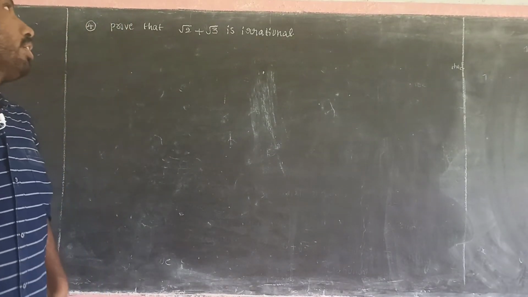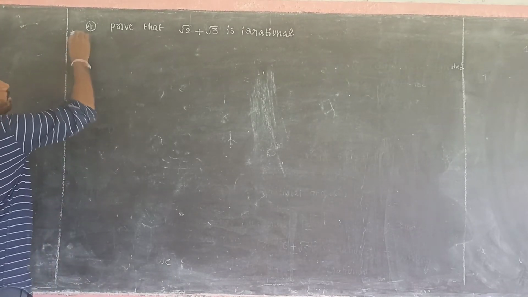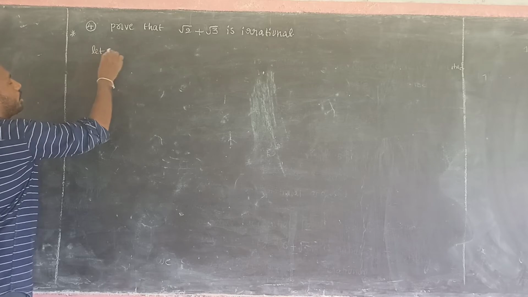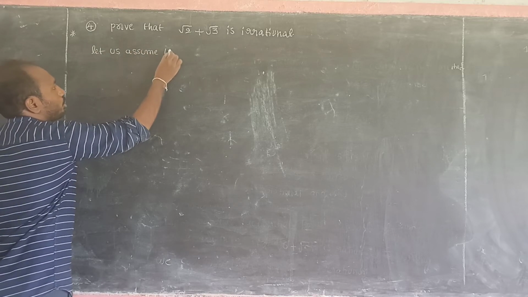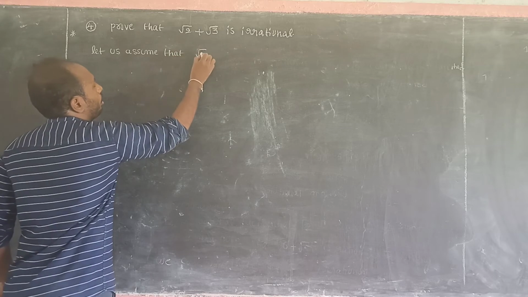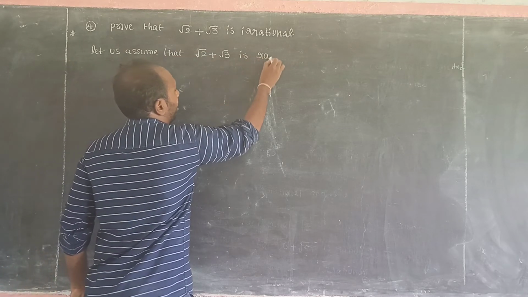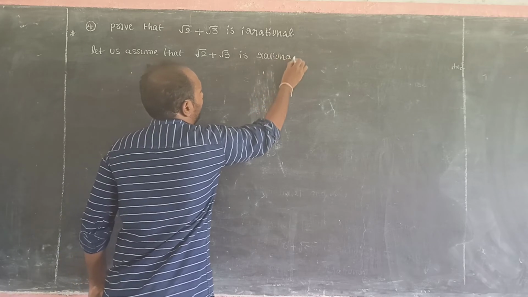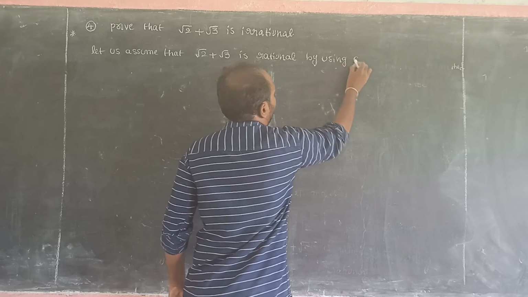So, prove that root 2 plus root 3 is irrational. Very, very important. Let us assume that root 2 plus root 3 is rational by using the contradiction method.